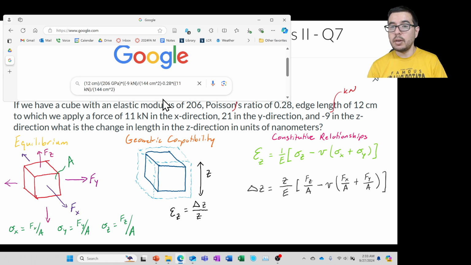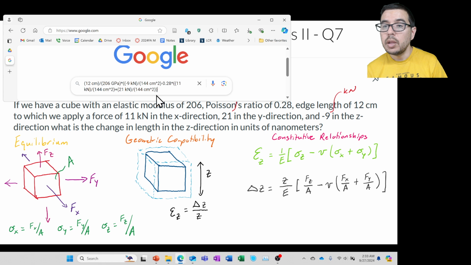Then plus, this is Fy, 21 kilonewtons divided by 144 centimeters squared. And then I have to close the parentheses appropriately.